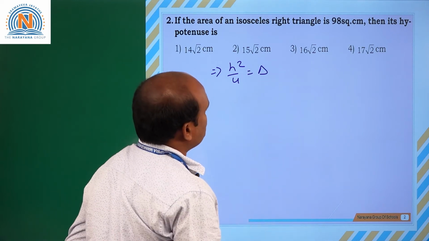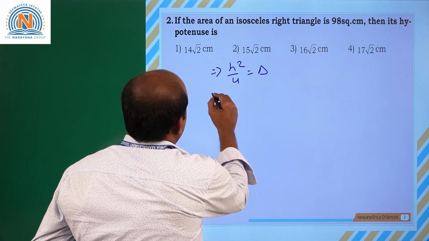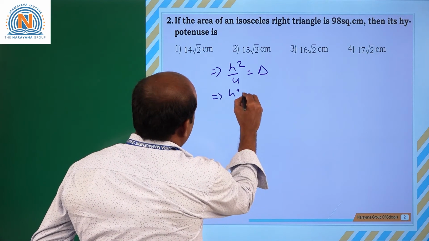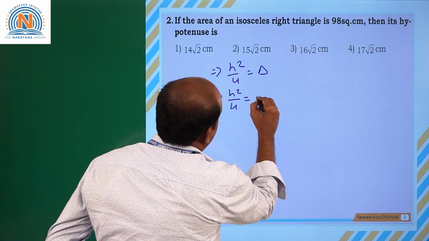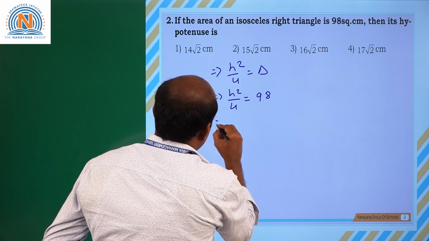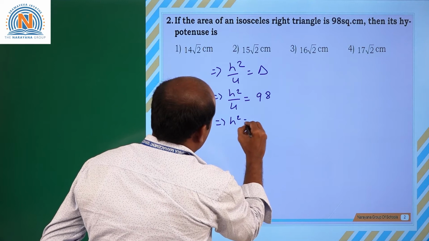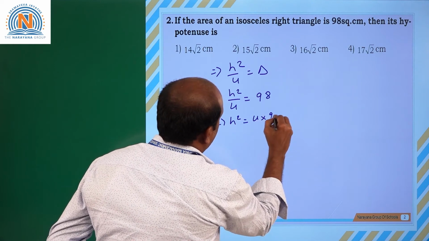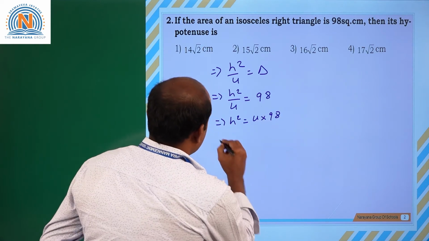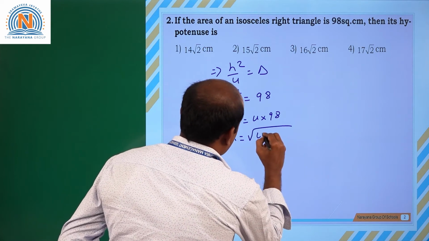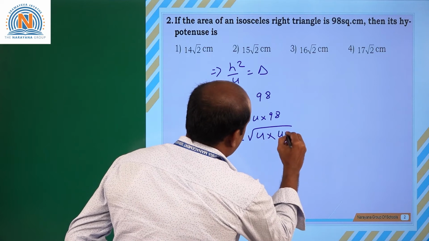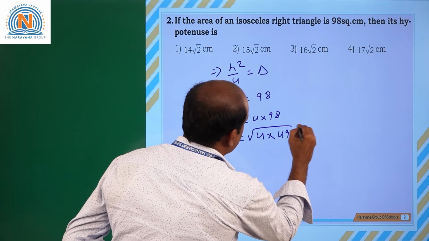H square by 4 is equal to delta. That implies h square by 4 is equal to delta, area is given 98. That implies h square is equal to 4 into 98. That implies h is equal to square root of 4 into 98, can be written as 49 into 2.